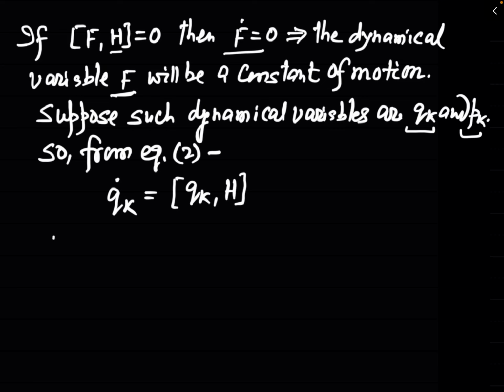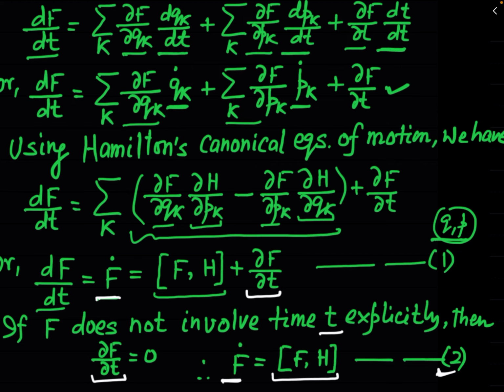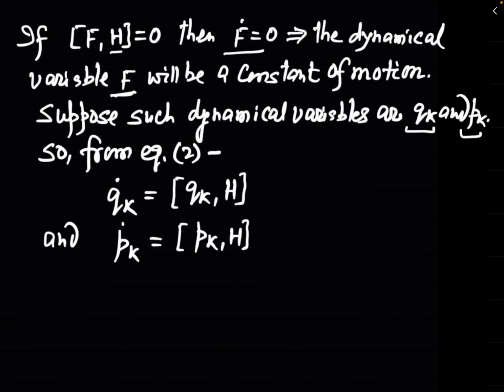And similarly, when you write pk instead of f, that equation will be pk dot equal to the Poisson bracket of pk and h. And let us say this is your equation 3.